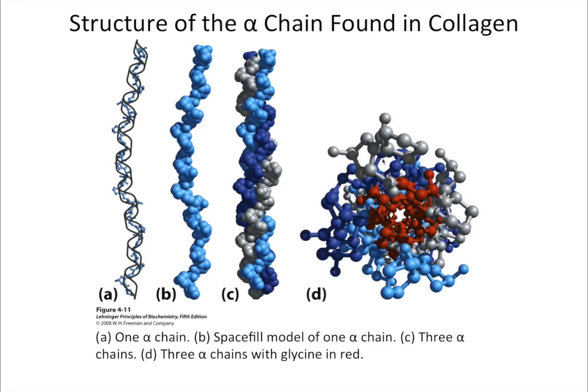And then, this part in D is just showing you if you rotate the 3 alpha chains toward you, you can look down the center here and you can sort of see this space in here. But this is like a ball and stick model, which is like A. But if you did a van der Waals model, like B or C, you wouldn't really see that very easily. Also note that the glycine is shown in red in D, so you can see that it's the internal part of the structure.